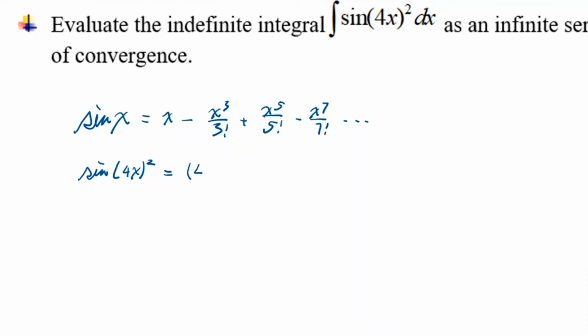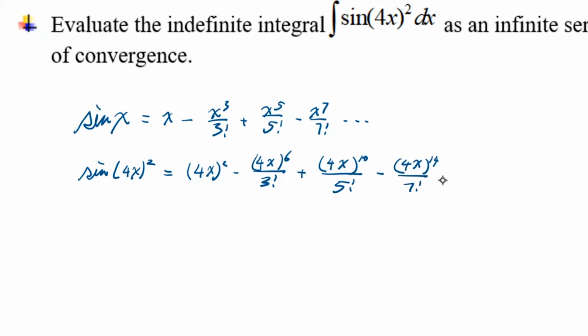So first one, I have 4x squared minus that thingy, so I have 4x to the 6th over 3 factorial now. Say yes. And then 4x, thank you, to the 10th over 5 factorial minus 4x to the 14th over 7 factorial dot dot dot.